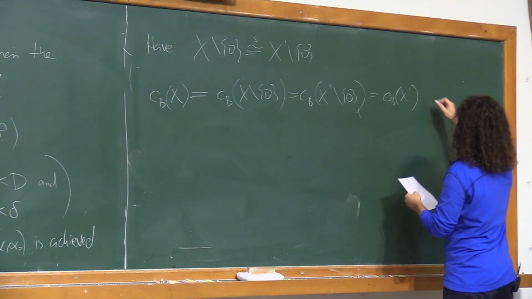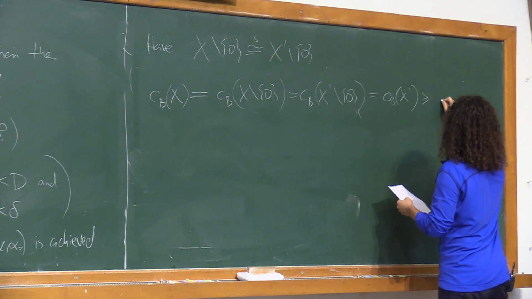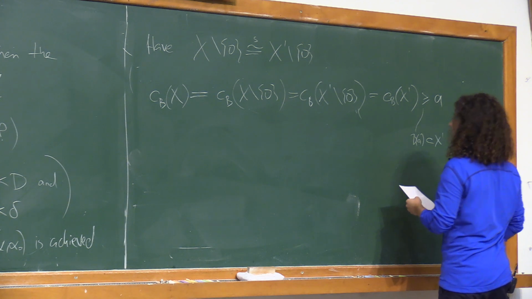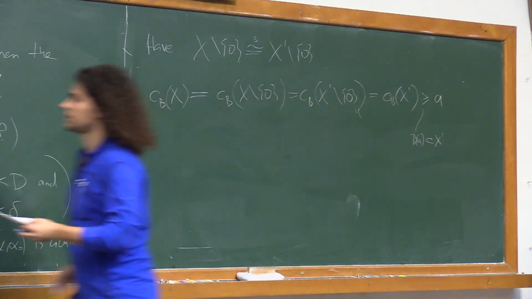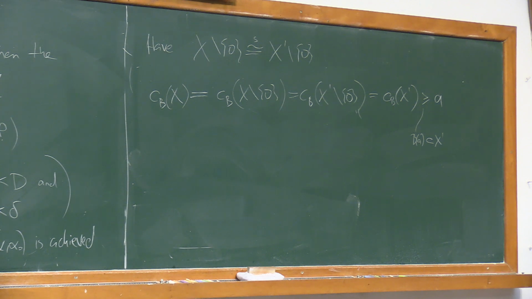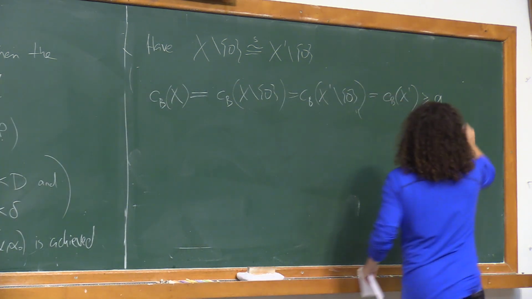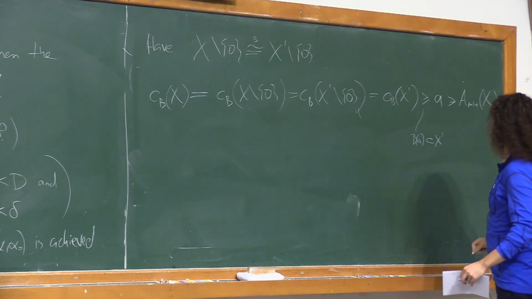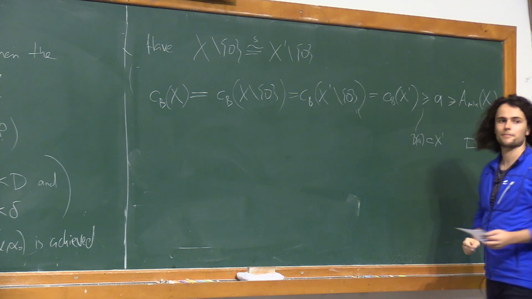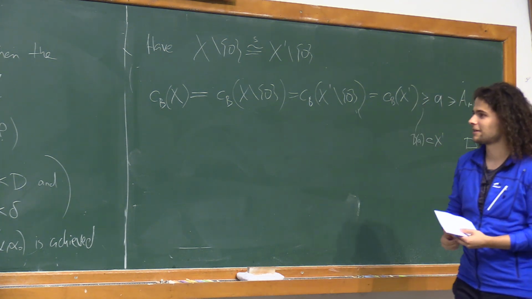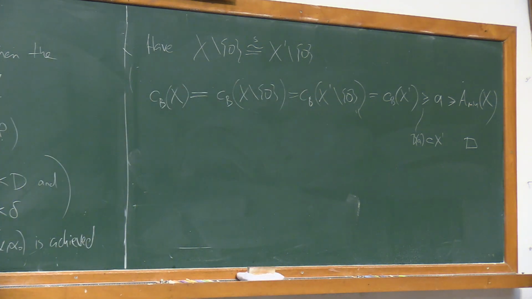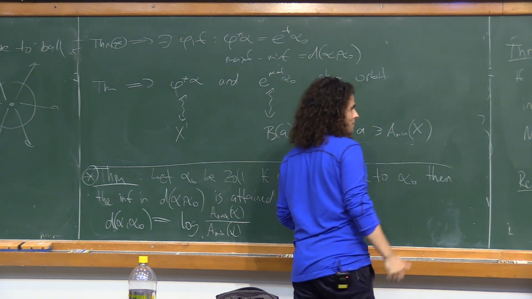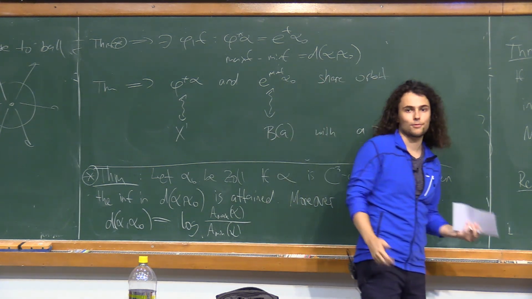So that's bigger than or equal to A, simply because B of A is just contained inside x prime. And I said here that the A was bigger than or equal to A min of x, and then I'm good. So that's how this theorem not only rather easily implies the local weak Viterbo conjecture, but also the local strong Viterbo conjecture.